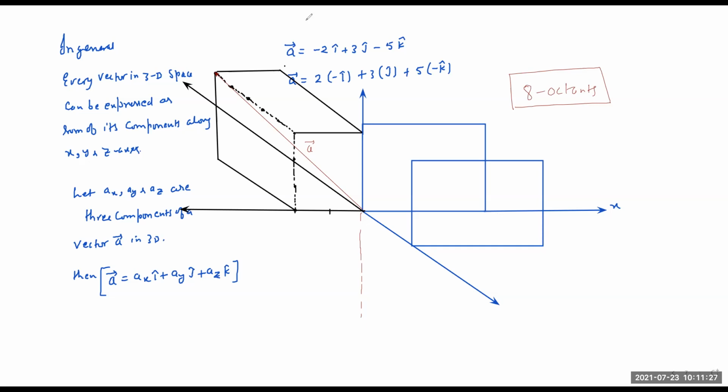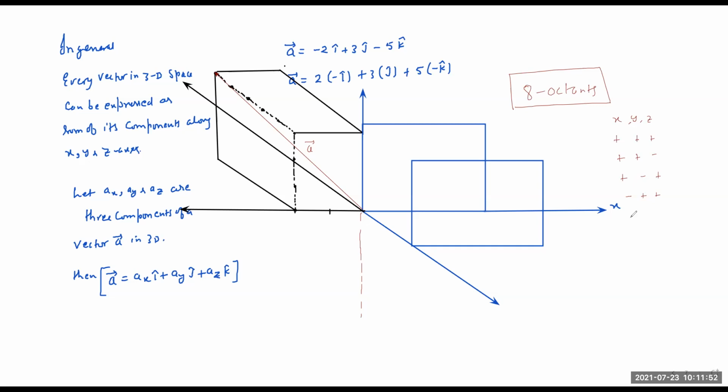So you can think of it as permutation and combination. We have x, y, z. I can take plus plus plus, plus plus minus, plus minus plus, and so on. So we all plus.